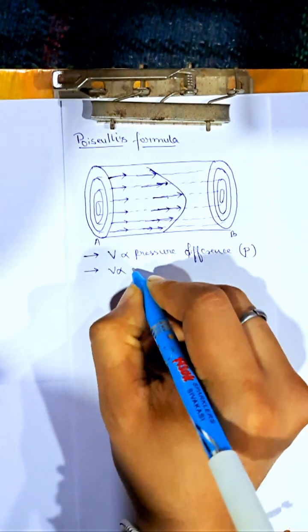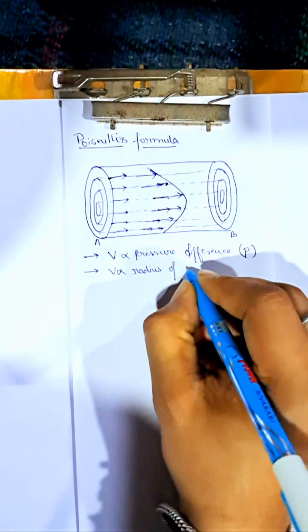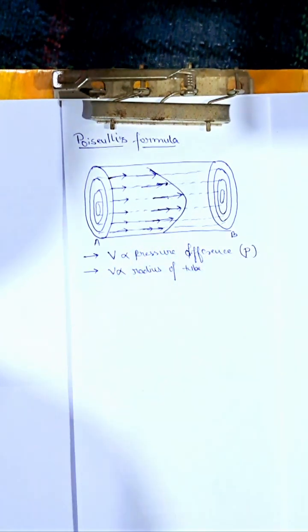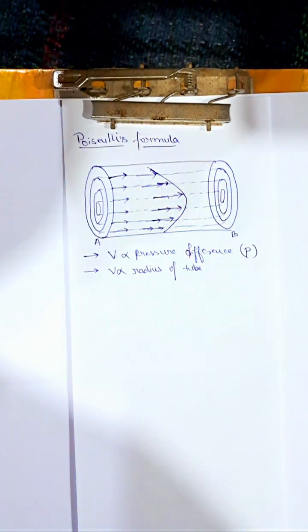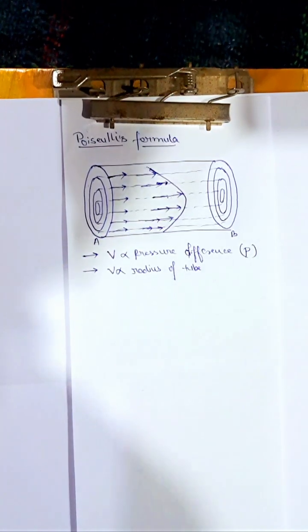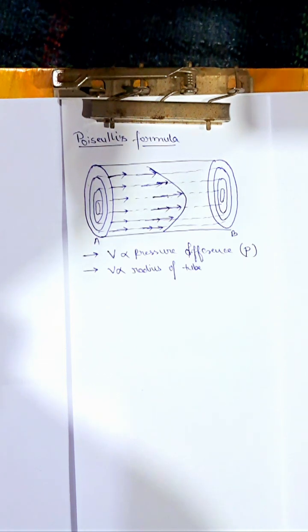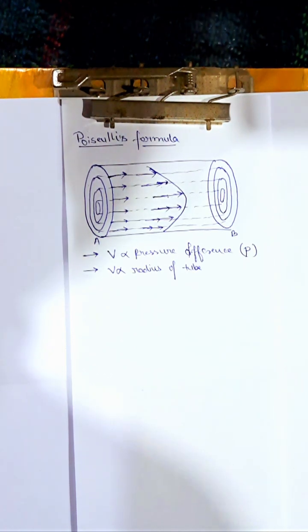Radius of tube. In the electricity chapter, you must have studied the factors affecting resistance. Viscosity is nothing but the internal property of substances to resist the motion of the fluid, or of the layers of fluid within themselves.